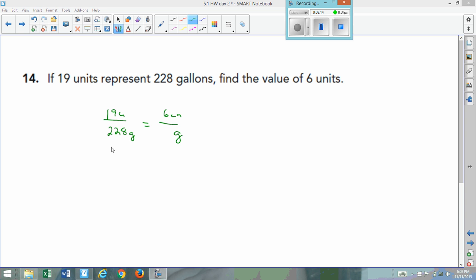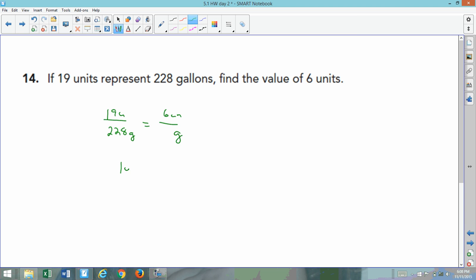If you divide both by 19, you're going to end up with 19 divided by 19 is 1 unit. And 228 divided by 19 comes out to 12. That makes it a lot easier to work with. They're still equivalent. And we get 6 units. So we know that we're multiplying by 6. We end up with 72 gallons.